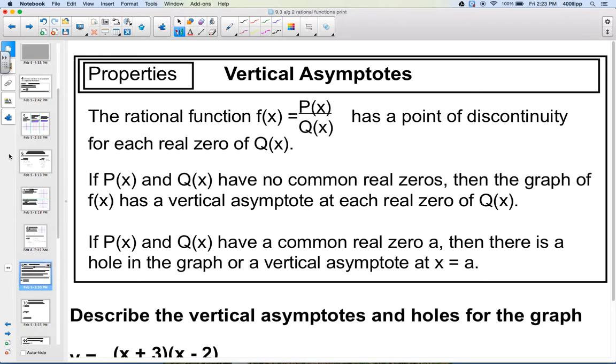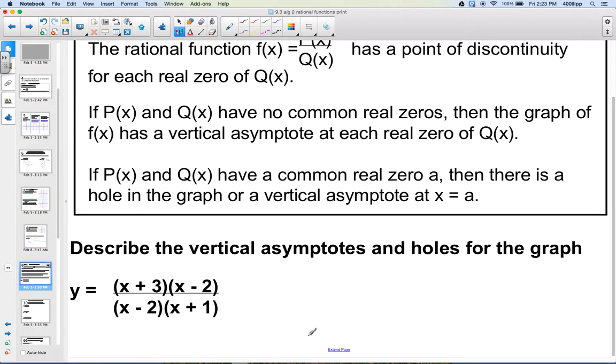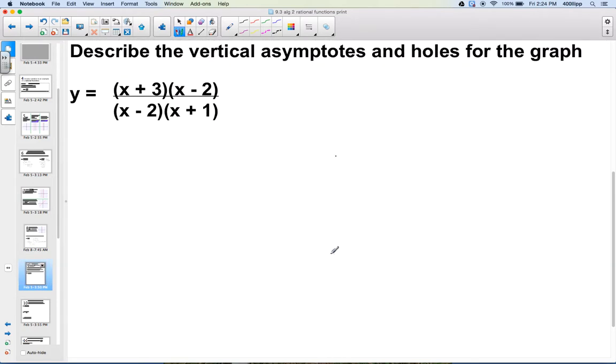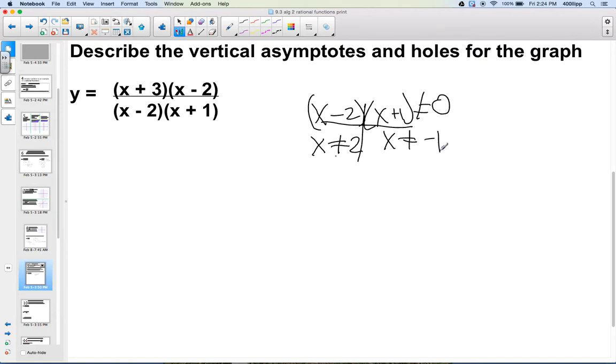Okay, so moving on here, this one is already factored for us. So before you go ahead and cancel things out, you still want to take the denominator and say this denominator cannot equal 0, so therefore we get x cannot equal 2 and x cannot equal -1.